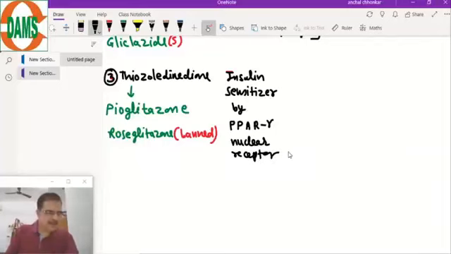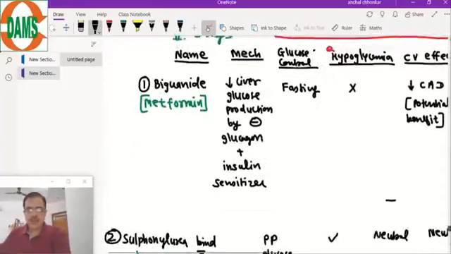By affecting this receptor, PPAR gamma, this nuclear receptor will cause insulin sensitization. Now what is the effect of this on glucose control?